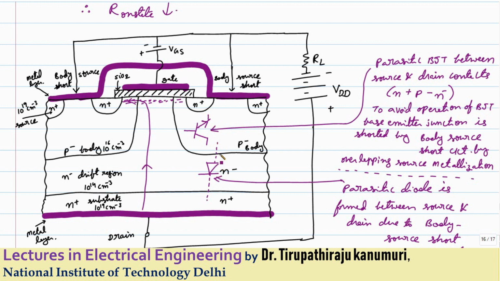Because of this NPN, there is a chance that a bipolar junction transistor can form here, because three different layers are there. Here the source is there in the case of FET; in the case of BJT, we call it the emitter. So we can take this N plus layer as the emitter, this P minus body layer as the base, and this N minus and N plus layer will act as your collector.